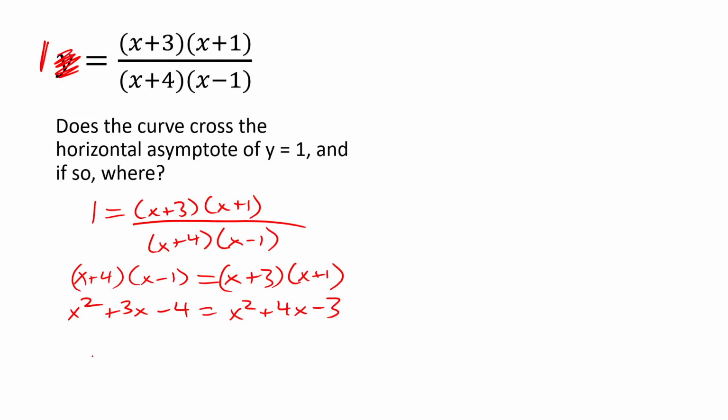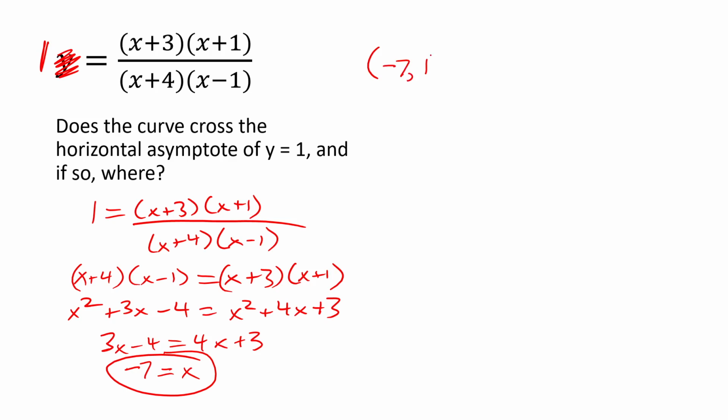The x squared terms cancel out, and so we just have 3x minus 4 equals 4x minus 3. Or sorry, this should be a plus 3. My apologies. That's a plus 3 and a plus 3. Now, if I subtract 3 from both sides and I subtract 3x from both sides, I get x equals negative 7. What that tells me is that one of the points on this curve is negative 7, 1.